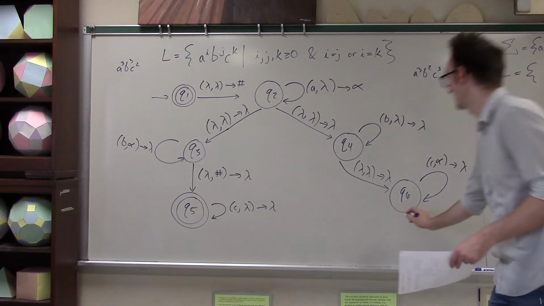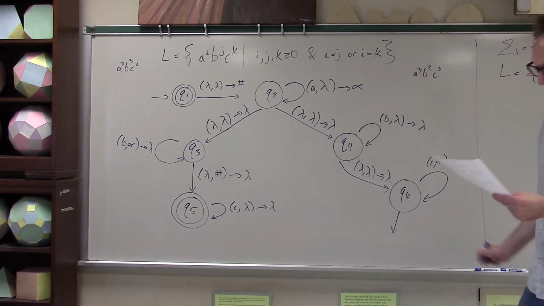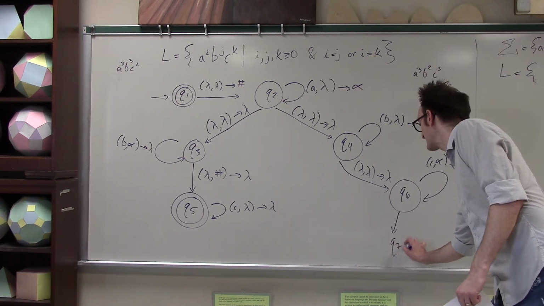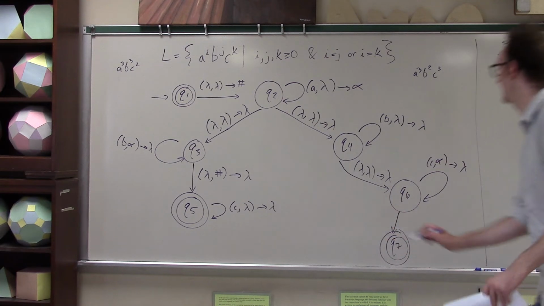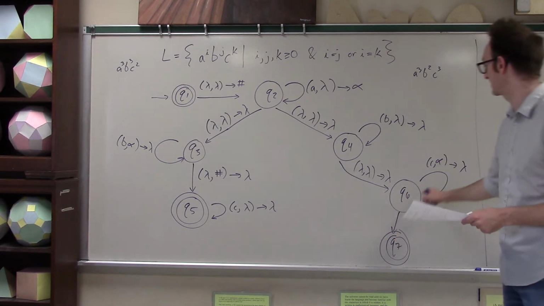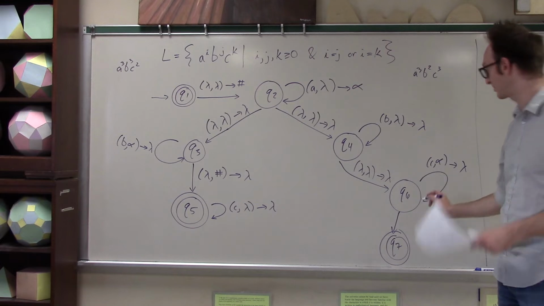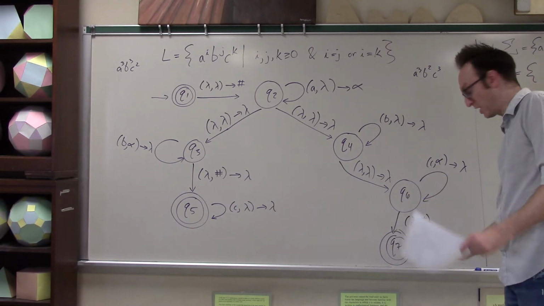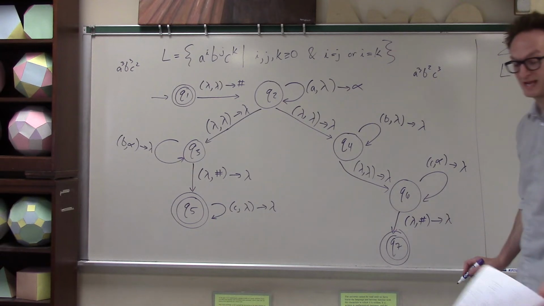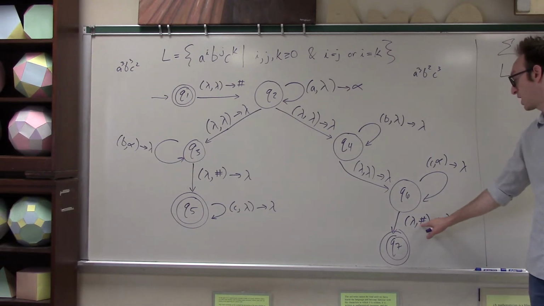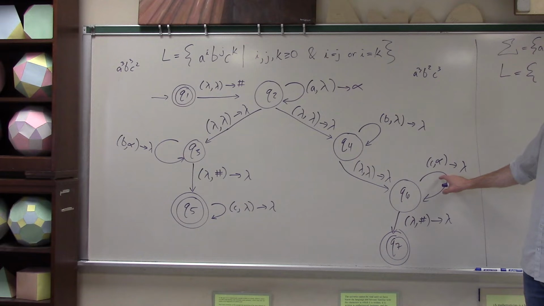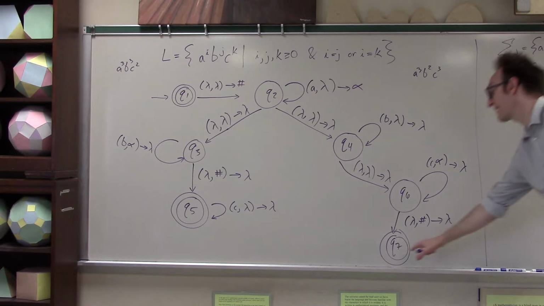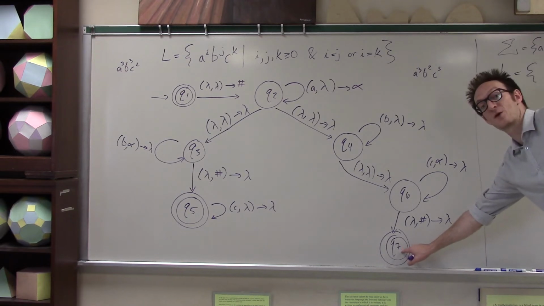And hopefully, if we do it completely correctly, we'll end up in state Q7, and the only way to get to that state Q7 is if the number of C's exactly matches the number of A's, so that what we're left with is just a pound sign on the stack. And again, if there are too many C's, then I end up in Q7, but I have C's left to read, so I die there.